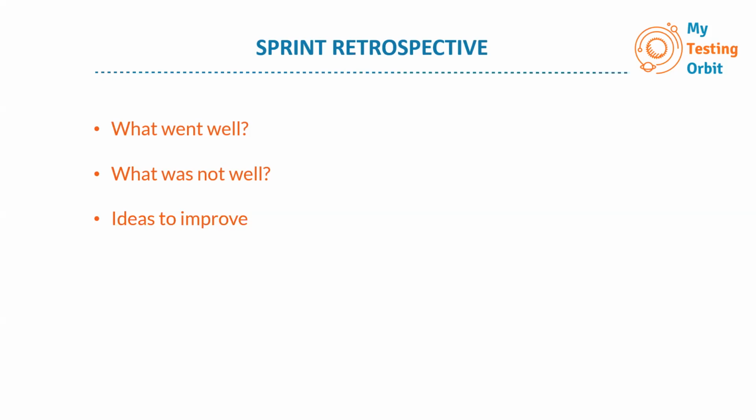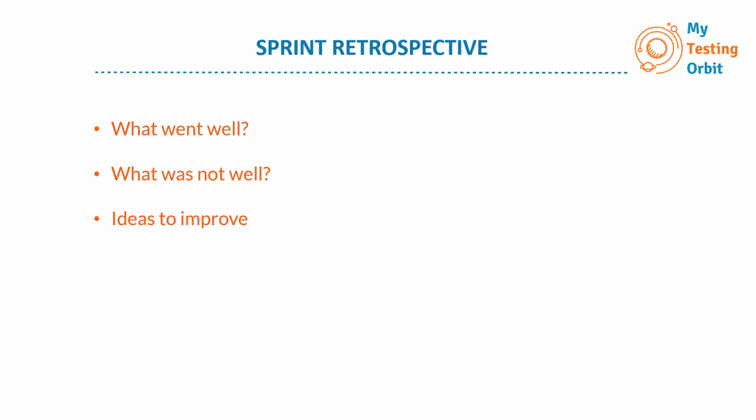No one knows who has actually suggested what. This is the idea of retrospective, so that there is no pressure on anyone, and everyone can be honest and give their unbiased opinion about the sprint. Because if the opinion is biased, then there are fewer chances that we can make any improvement in the coming sprints. So this is one way it's done.